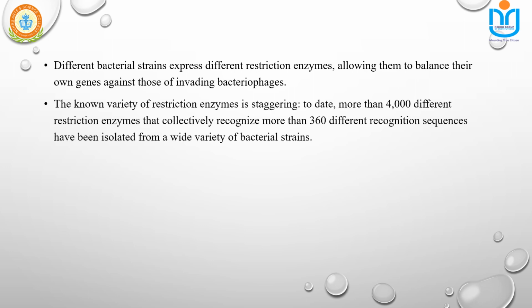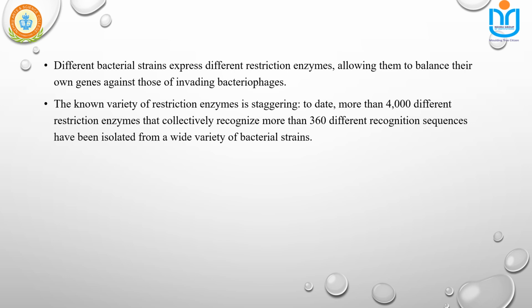The known variety of restriction enzymes is staggering. To date, more than 4,000 different restriction enzymes that collectively recognize more than 360 different recognition sequences have been isolated from a wide variety of bacterial strains.